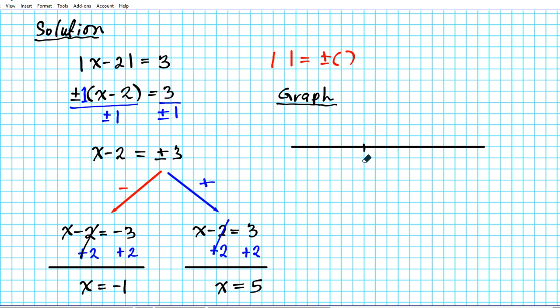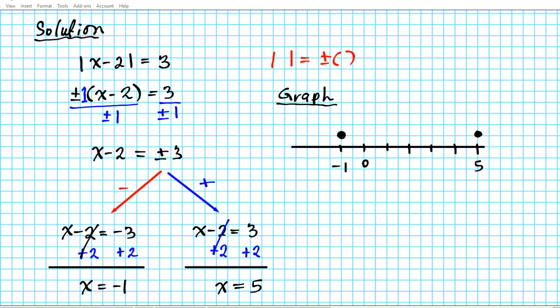If this is 0, we can count 1, 2, 3, 4, 5, and negative 1. So the first answer is negative 1, and the second answer is 5. Those are the two solutions to our absolute value equation.